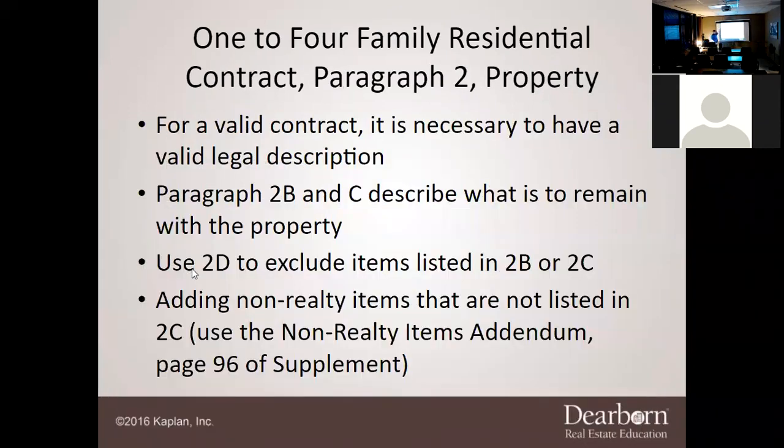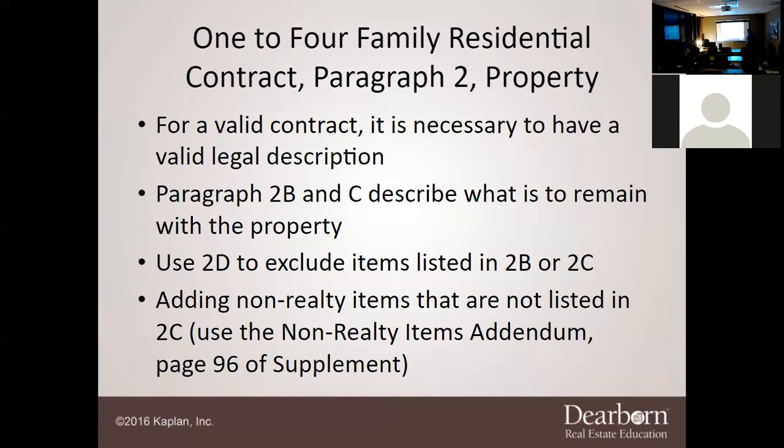Now, another one, dealing with the property. For a valid contract, it is necessary to have a valid legal description. We've already put the term out there that your mailing address is not a valid legal description. 123 Main Street is not a valid legal description. It needs to be lot 4, block such and such of Meadow Creek Crossings of Brazos County, Texas.